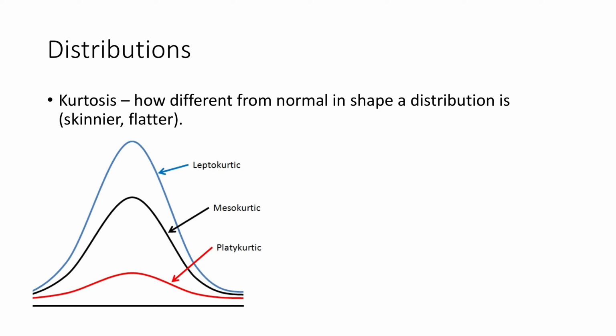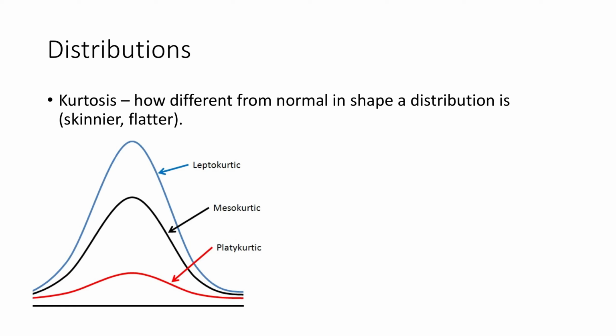Another term we're going to use to describe distributions is kurtosis. It is how different from normal up and down instead of left and right. So mesokurtic distributions, or this one here in the middle, are normal. Leptokurtic distributions are taller, so they're sort of squished in.